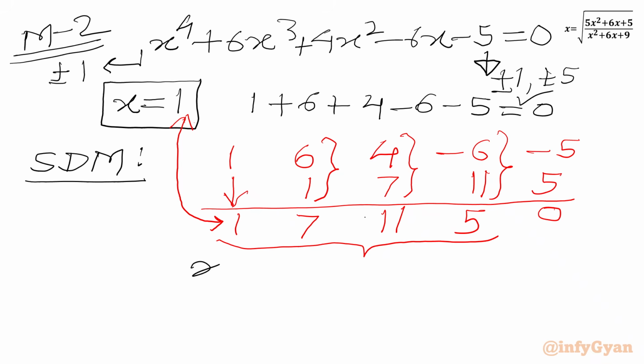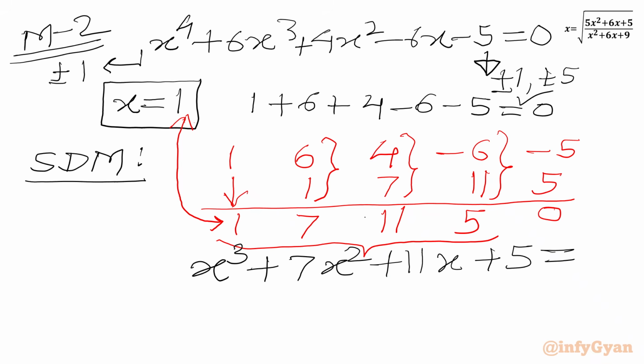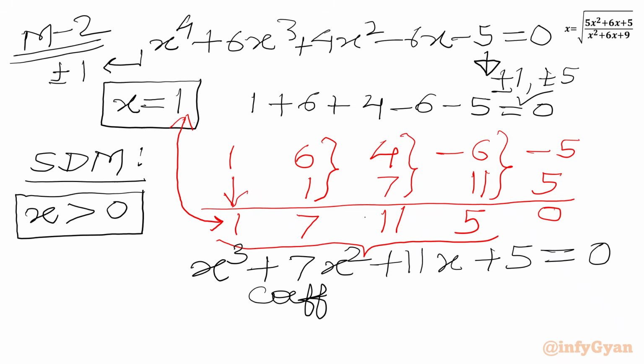Here we have coefficients for the cubic equation. Let me write here x cube plus 7x square plus 11x plus 5 equal to 0. We have the condition on x, x should be positive or greater than or equal to 0. But as per our cubic equation, all the coefficients are positive.